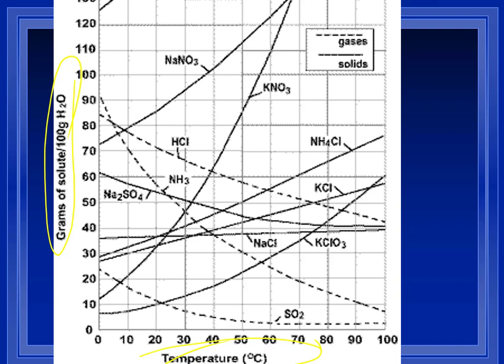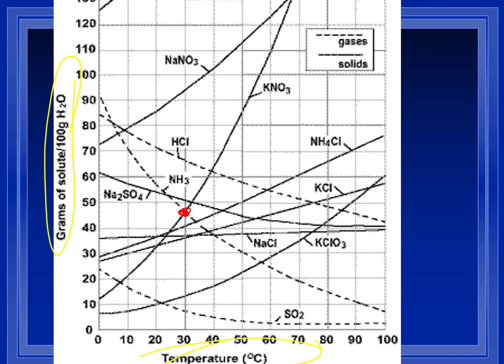Now, a type of thing you could do would be say, okay, if I took a saturated solution of potassium nitrate at 30 degrees and cooled it to 0, what would I see happen? Well, if I had a saturated solution at 30 degrees, that would be right there, right?